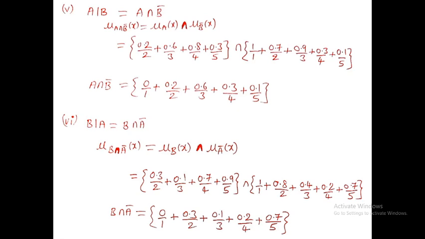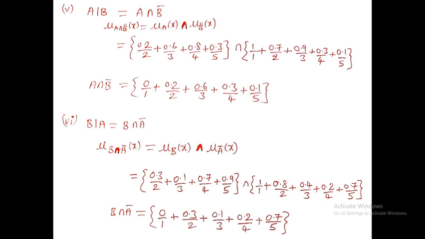So at 1 in set B, at the first point we have the value 1 by 1, right? But in set A, 0 by 1 is there. That is not indicated here, but 0 by 1 is there, right? So which is least? 0. 0 by 1 plus, at 2 point, 0.2 is the least, right? 0.2 by 2 plus, at 3 point, 0.6 by 3 from set A, 0.9 by 3 from set B. So 0.6 by 3.